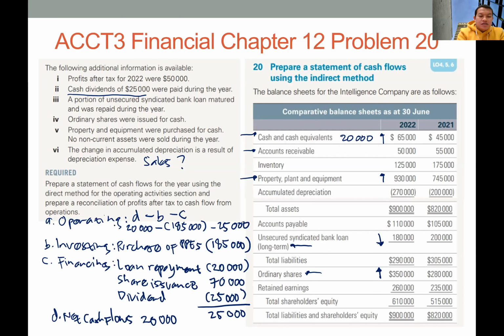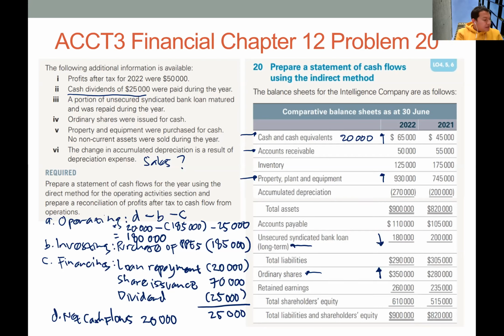So we will get our net operating cash flow. 20,000 plus 185 is 205, minus 25, we will get 180,000. Okay, that's pretty much the cash flow statement.